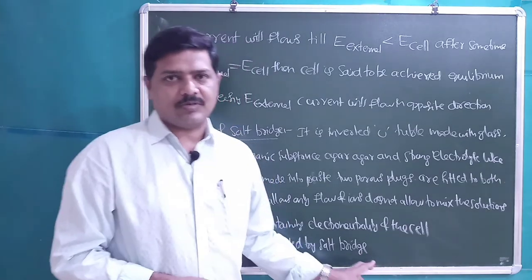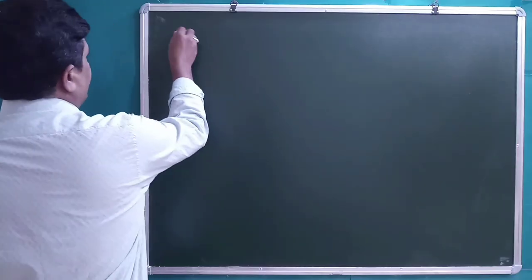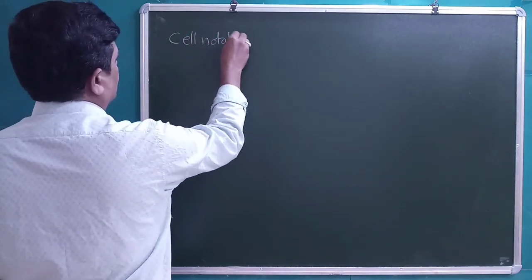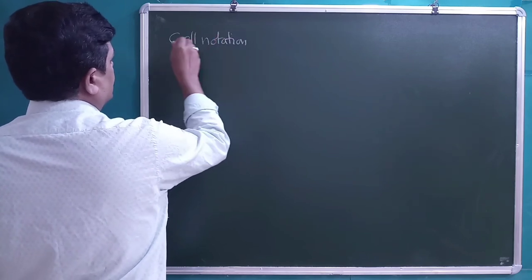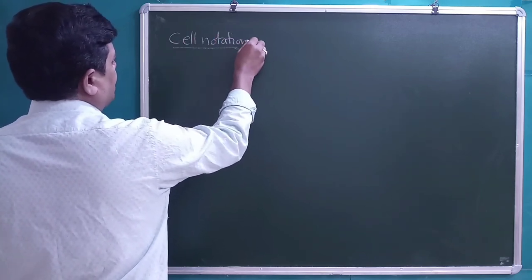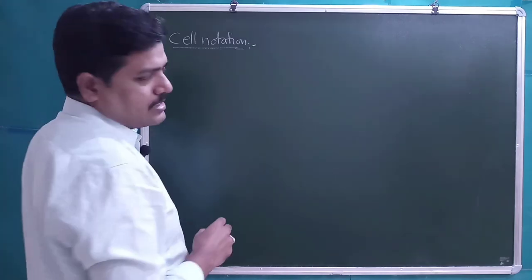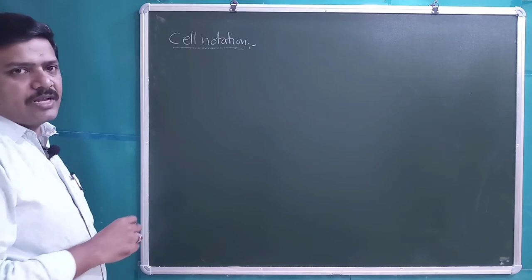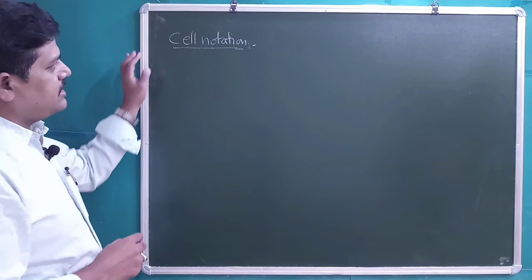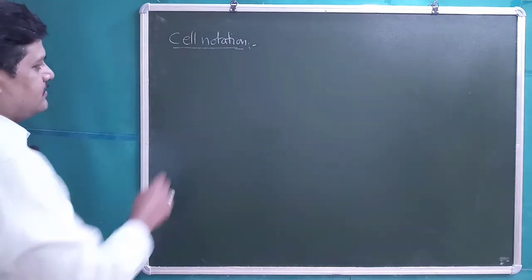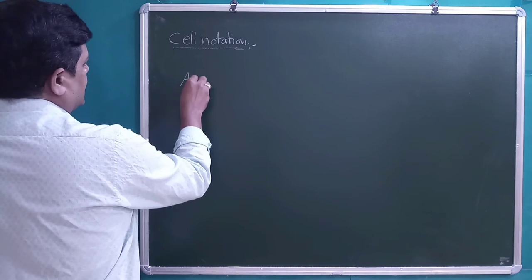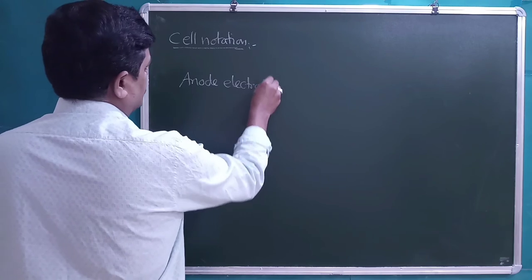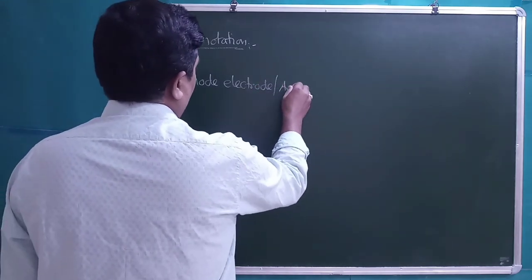Students, let us discuss the cell notation now. The short form representation of an electrochemical cell can be done by this method. That is, anode electrode slash anode electrolyte.